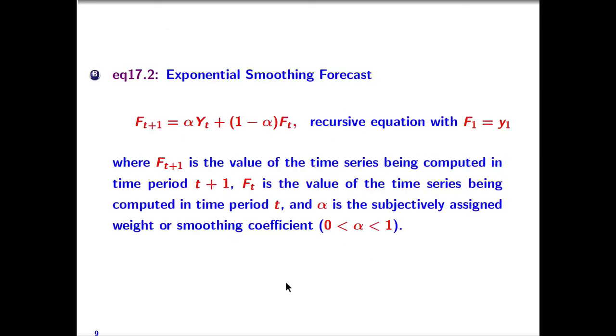Now, we introduce the exponential smoothing technique for forecasting. This is from equation 17.2. We're going to use the exponential smoothing forecast formula. This formula is F sub t plus 1 equals alpha times y t plus 1 minus alpha times F t.